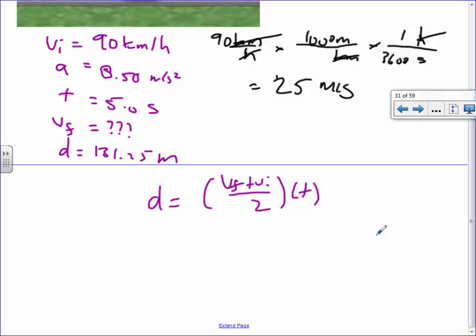You could do all the rearranging now, or you can plug in your numbers and then do the rearranging. I prefer that myself. So I'm going to start plugging in some numbers, because I know some of them. Like, this D is 131.25. The velocity final is the thing that I don't know. Velocity initial was 25. And the time was 5.